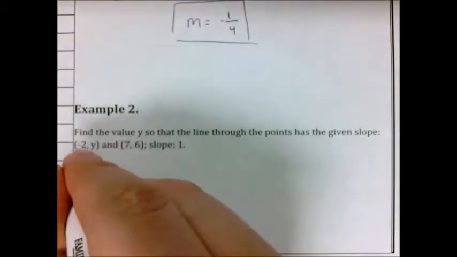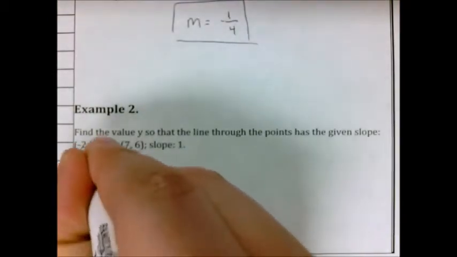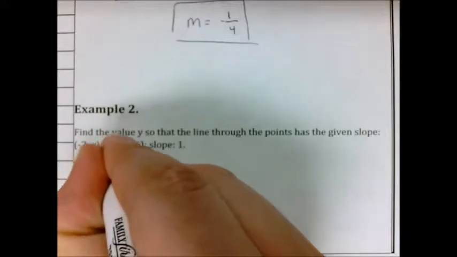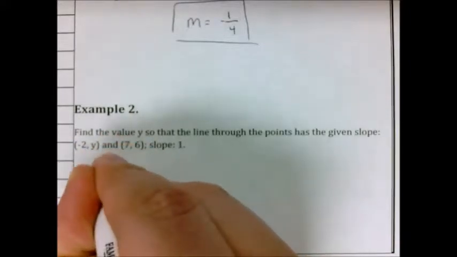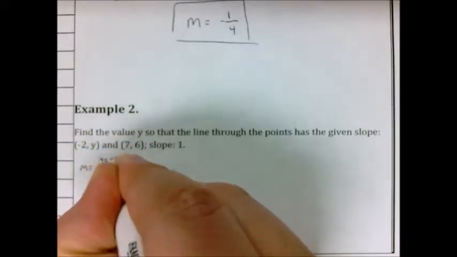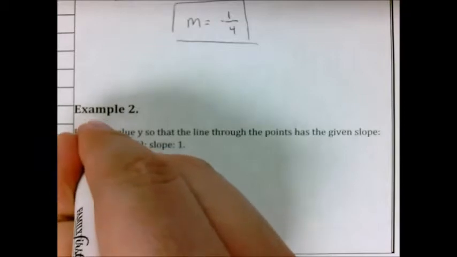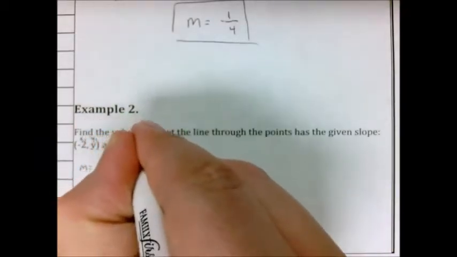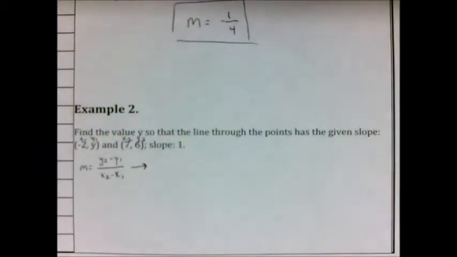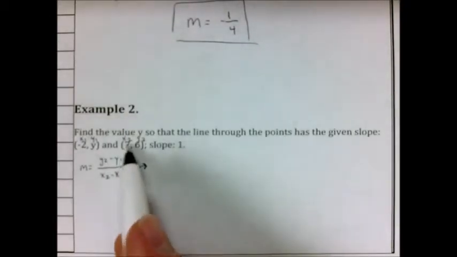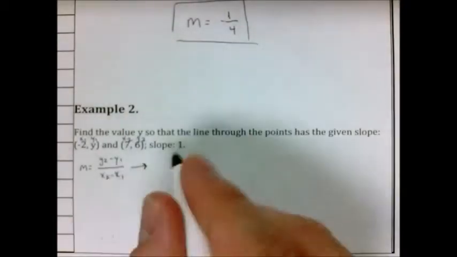I'll rewrite it one more time here. We've got m equals y2 minus y1 divided by x2 minus x1. First thing we need to do is identify which one we're going to use as x1, y1 and which one's going to be x2, y2. So that's what I'm going to identify, and we're going to plug that into this formula.